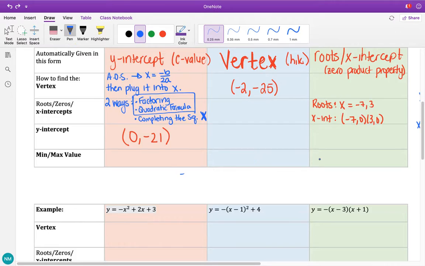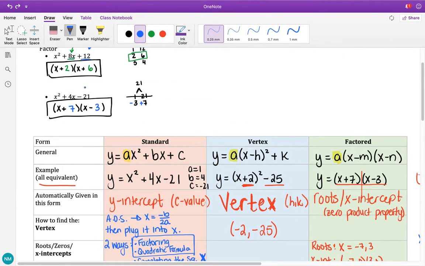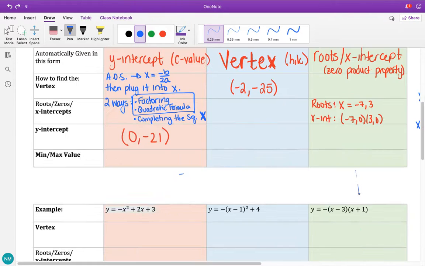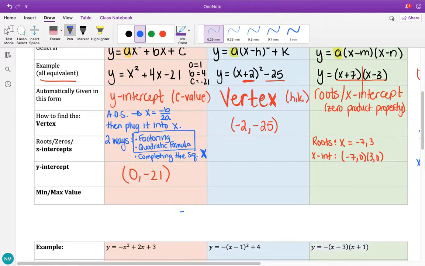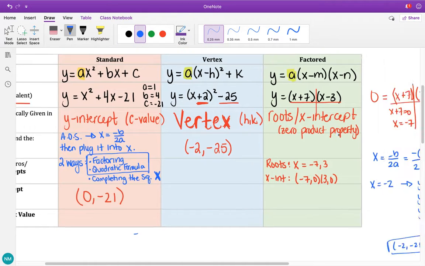So let's do it. Well, we already factored it, right? You factored it up here, and then you would just use your zero product property as we did it over here. So again, if you factor it, it's pretty easy because you just use your zero product property. Now you're in factored form, and you can go from there.